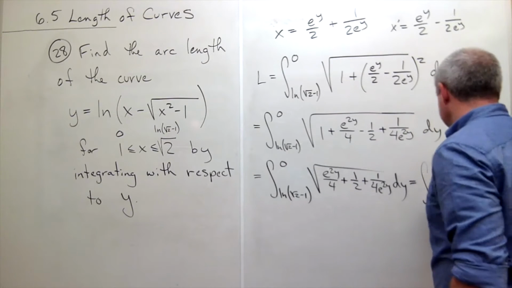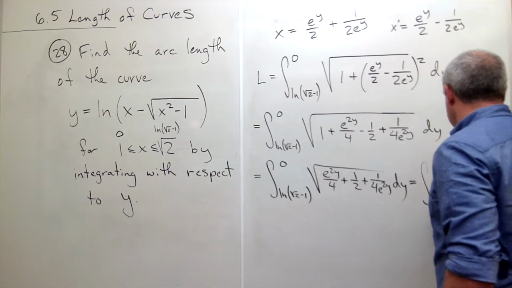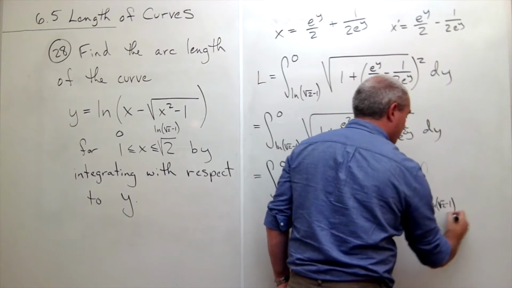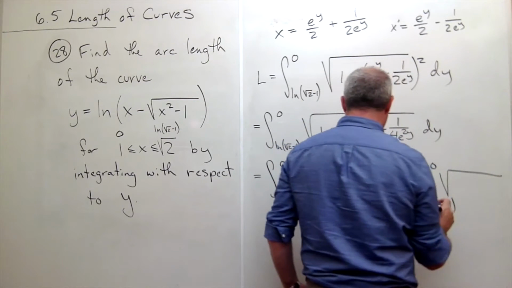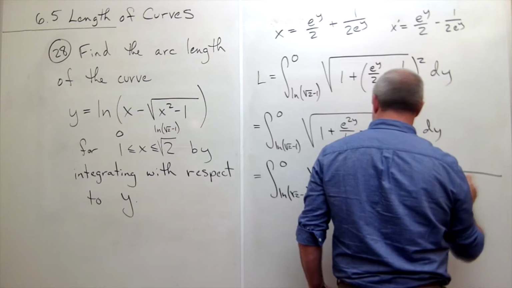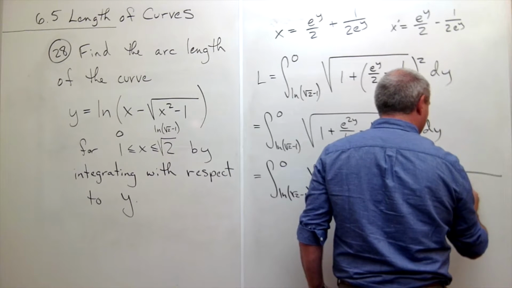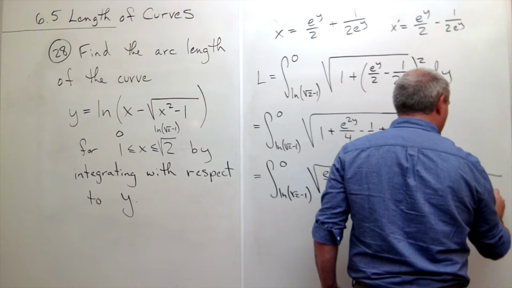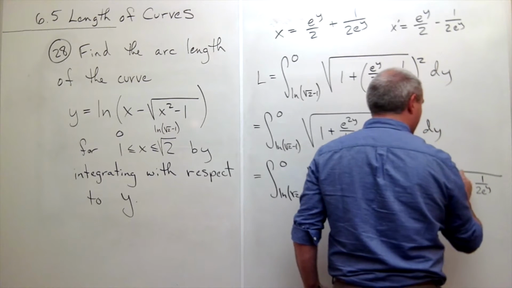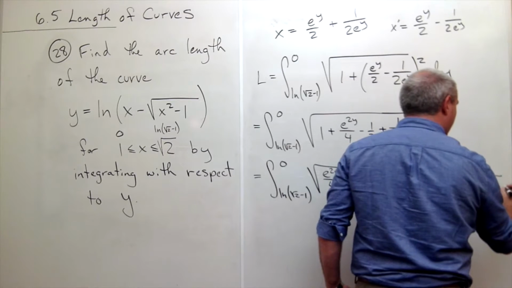This is the integral from ln of square root of 2 minus 1 to 0 of the square root of e to the y over 2 plus 1 over 2 e to the y, quantity squared, dy.